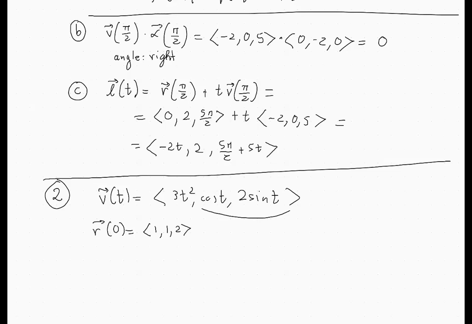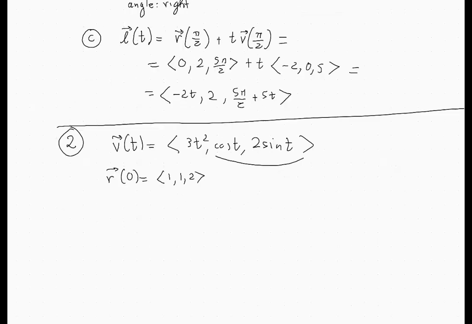And here, what the problem is asking us to find is R of t, meaning v of t is, of course, the derivative of R of t. So what we need to do is take the indefinite integral, and we will need to use the initial condition, which is the position at 0.